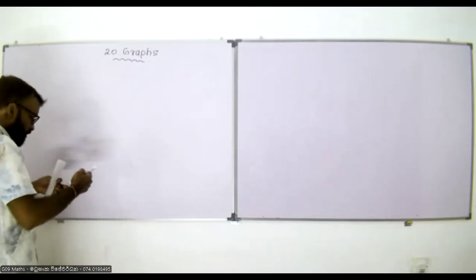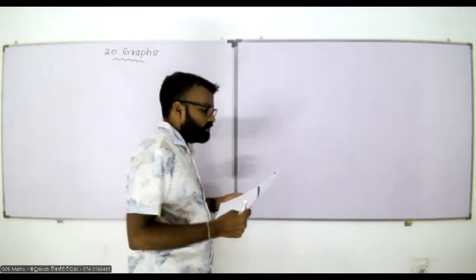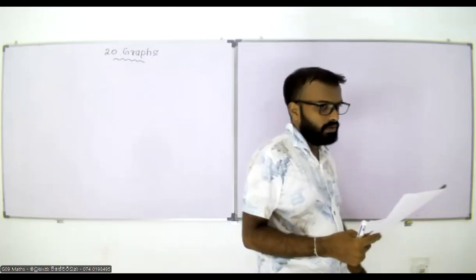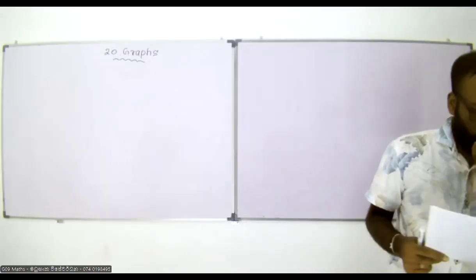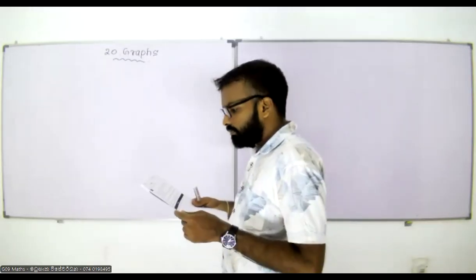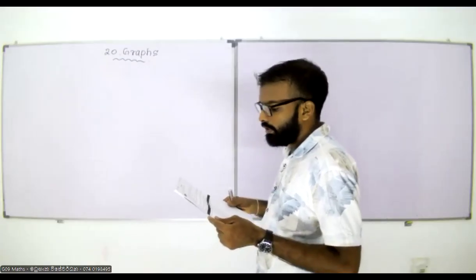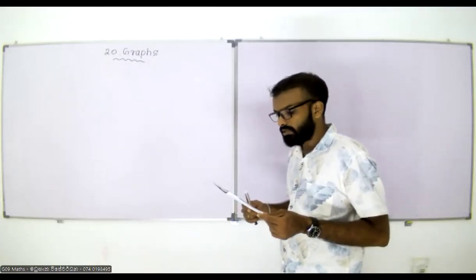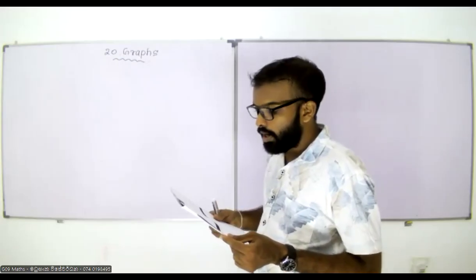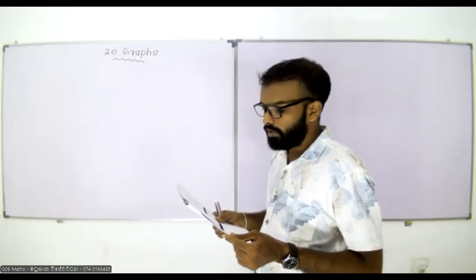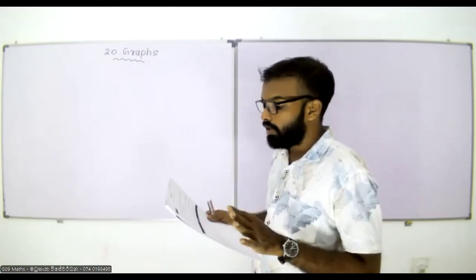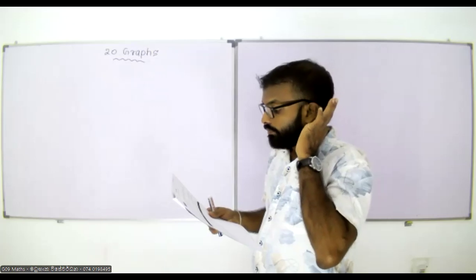Let us do some examples from your grade 8 and refresh your knowledge. Previous exercise: draw a coordinate plane with the x-axis and y-axis. Then mark from -5 to +5 and mark the points A and B on it.